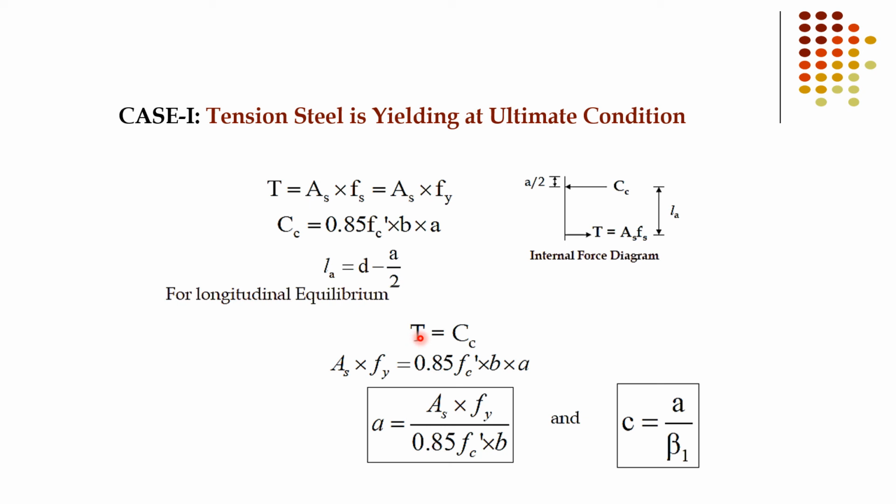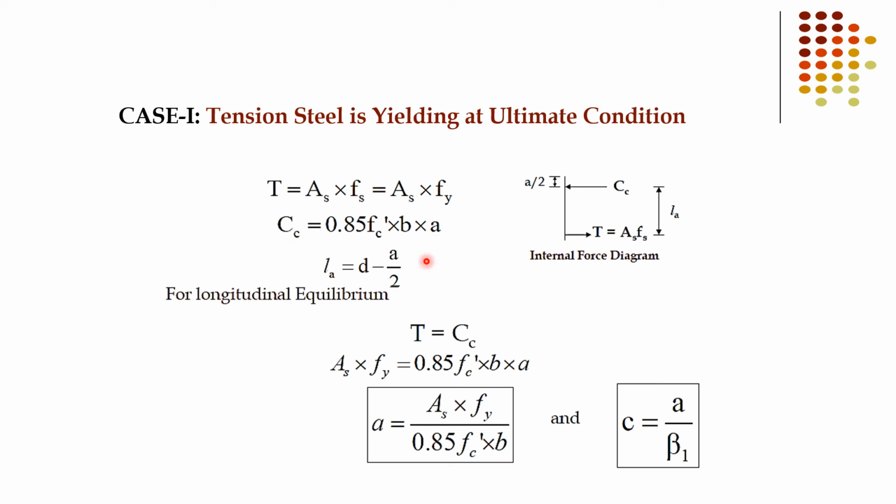Okay, so T is equal to Cc. Here T is As Fy and Cc, the compressive force, is 0.85 Fc prime into B into A. Okay, you want A because at the start I have discussed.